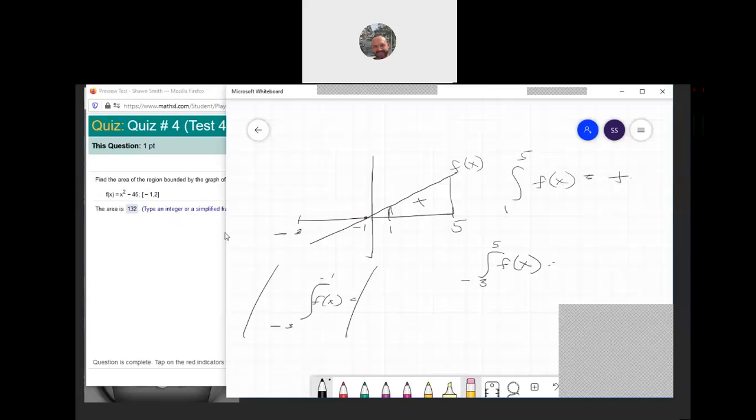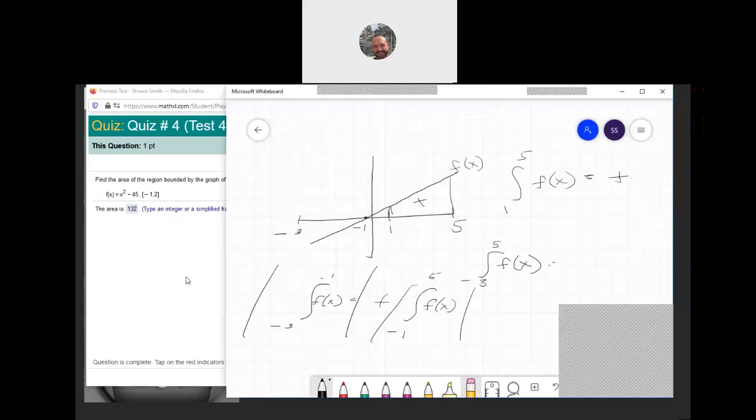Okay. So that way it gives me my positive area here. And then I'm going to do plus the integral from -1 to 5. And if that's all above the graph, I'll get a positive number. Still taking its absolute value. So I'm just taking absolute values of portions below the graph and above the graph and adding them all up.